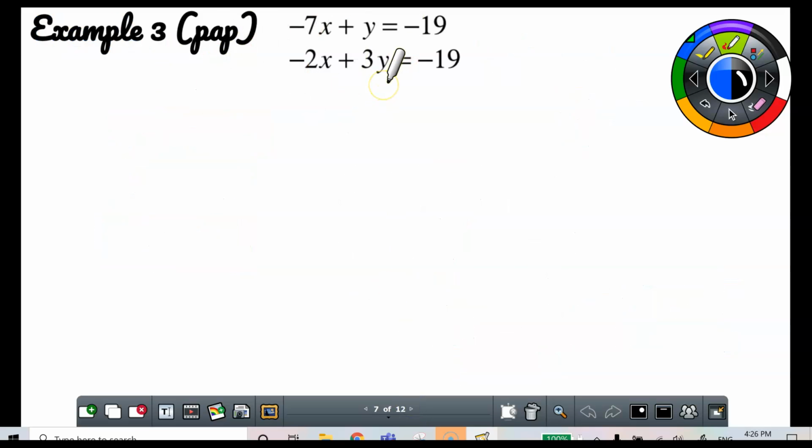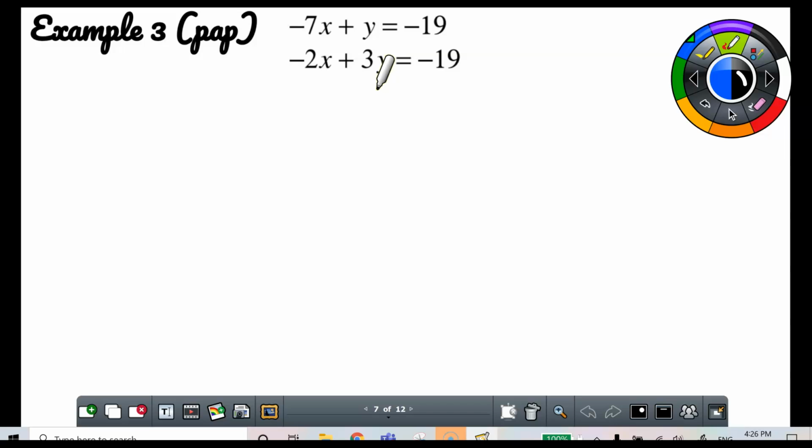Next example, this is more complicated because first check for each pair, right? So I have a pair of x, a pair of y, a pair of single numbers, and look for the same number. You see 7 and 2 are different, 1 and 3 are different. So we don't have the same number in front of the two variables.